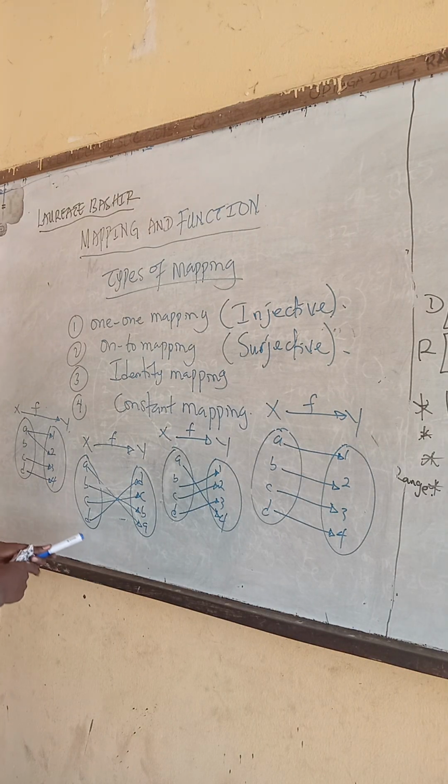And the last one, constant mapping. Constant mapping is also very easy. Let's say you have X, Y, then A, B, C, D, then 1, 2, 3, 4. Constant mapping means A maps to 1, B maps to 1, C maps to 1, and D also maps to 1.